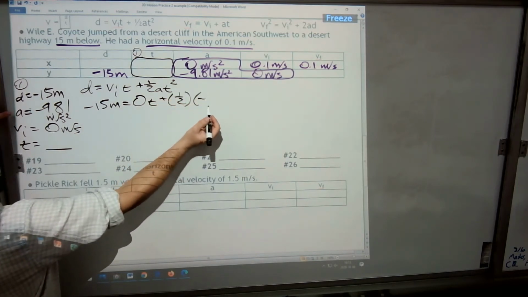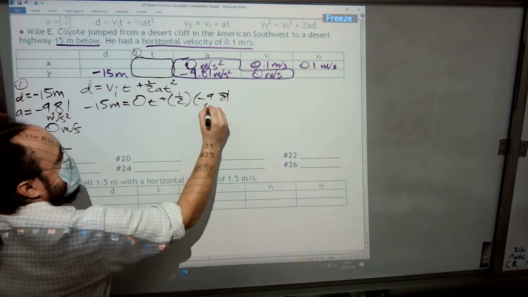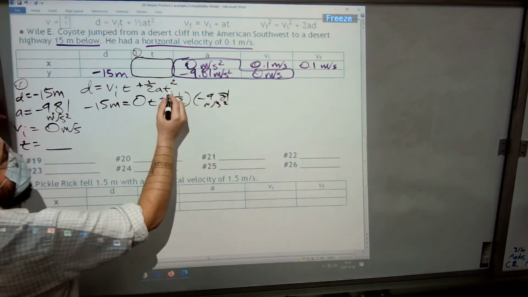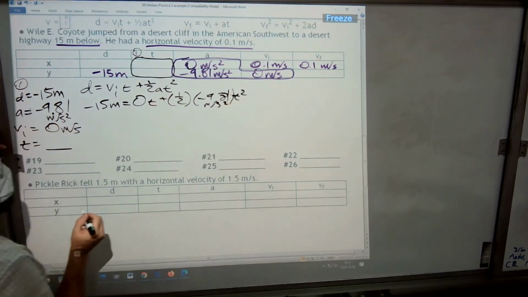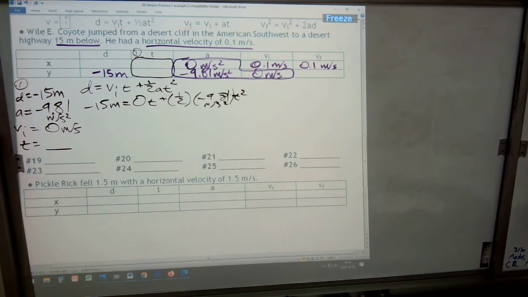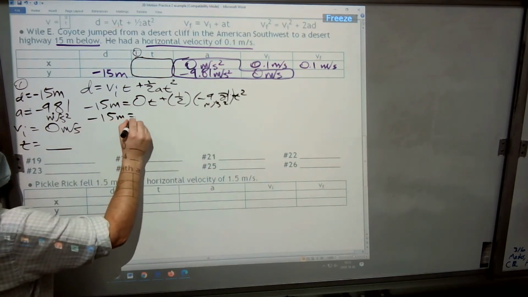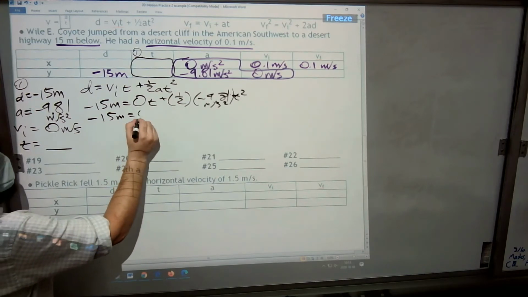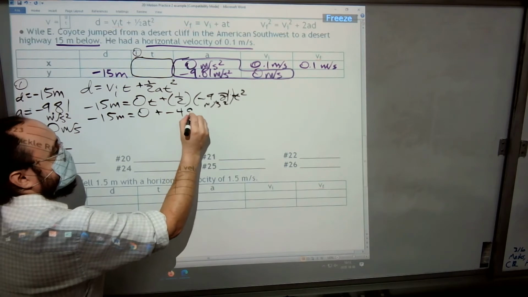Acceleration is negative 9.81. And time is what I'm looking for. I need to simplify this side before I can do anything. 0 times time is 0. 1 half times negative 9.81 is negative 4.905.